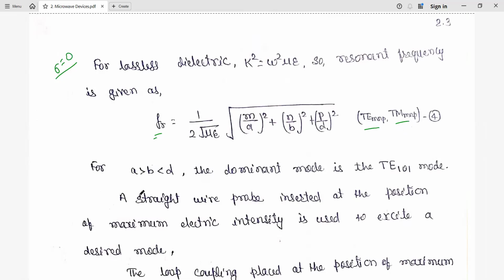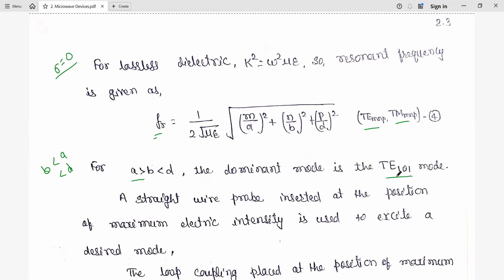So here we have the consideration of both transverse electric and transverse magnetic fields where resonance is going to take place. When the dimension along the x-axis is more than the dimension along the y-axis, and the dimension along the y-axis is smaller than the dimension along the z-axis, that is, the dimension along the y-axis of this rectangular waveguide is smaller than the dimension along the x-axis as well as the z-axis, then we have the dominant mode, that is TE101.